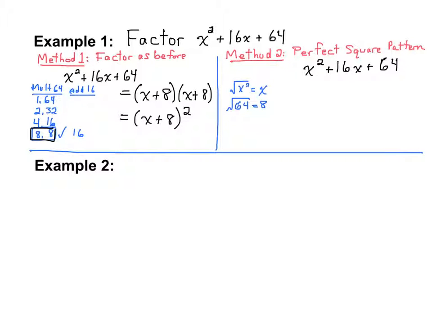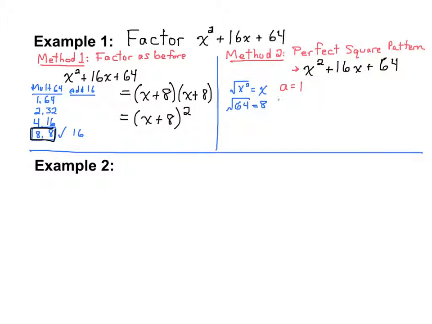So I've written down the square root of x squared is x, and the square root of 64 is 8. We have to decide what our a value is and what our b value is. Well, the a value is the square root of whatever number is in front of the x squared. Because there's a 1 in front of this x squared, the a value is just going to equal 1.